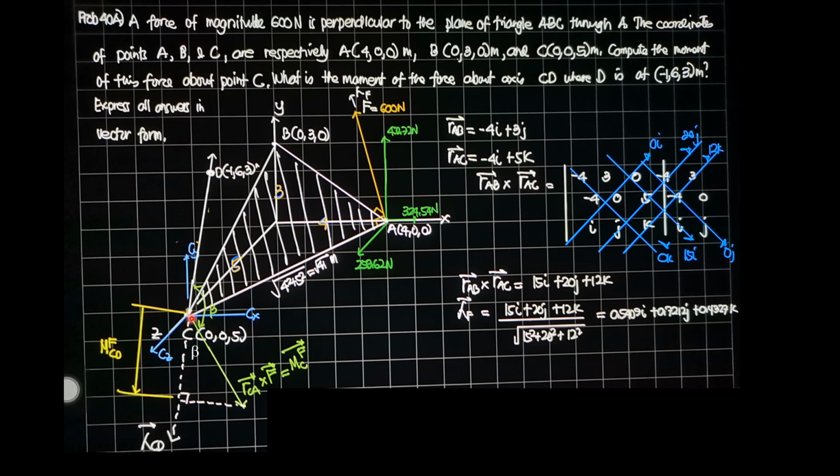So from here, this is RC cross F, or the moment of the force about point C. This is the unit vector of CD, and therefore, if we form a right triangle, I'll call the angle between the moment of the force about point C as beta. So this is the component of the moment of the force along axis CD, which is the magnitude of this moment times cosine of beta. And to solve for this beta, we obtain the dot product of the unit vector of M sub C and the unit vector of axis CD.